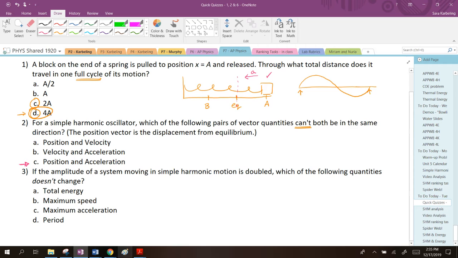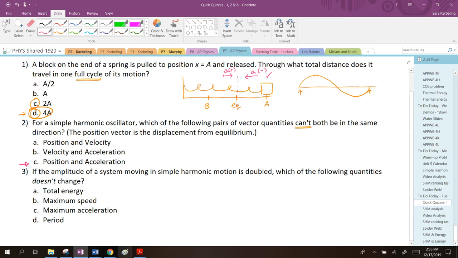And then the second it hits equilibrium, it'll switch to positive. The position on the right side is positive while the acceleration is negative, and once it crosses 0, it becomes negative. So they're always opposite. How are we doing?